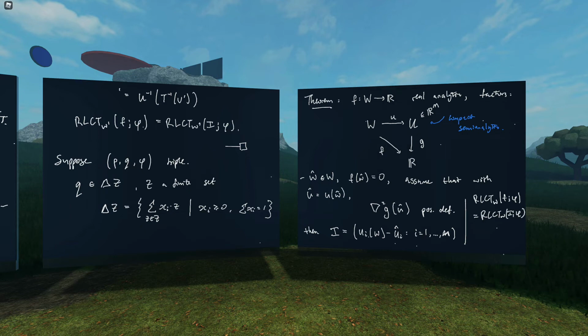And so that means the map P of Z given W will be a map from W, our parameter space, into this probability simplex.